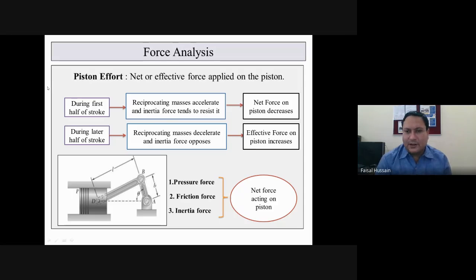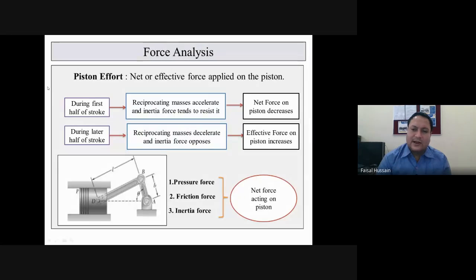So the net force on the piston will decrease. Similarly, during the next half, from 180 degree to 360 degree, the reciprocating masses will decelerate. And as usual, inertia force will oppose the deceleration. As it is decelerating and inertia forces are opposing it, the effective force on the piston will increase.